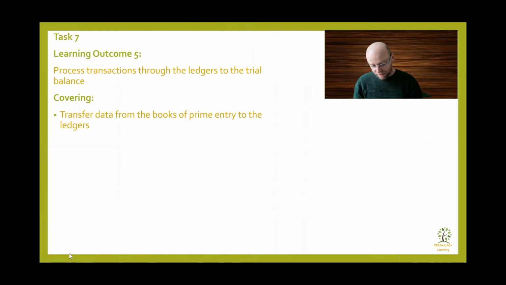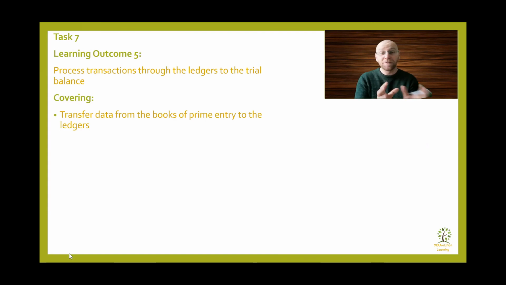Okay, so let's just wrap up what the examiner has told us. Like we said, this was all about learning outcome 5, which is processing transactions through the ledgers to the trial balance. In particular, this task is covering learning outcome 5.1, which is transferring data from the day books, from the books of prime entry to the ledgers.